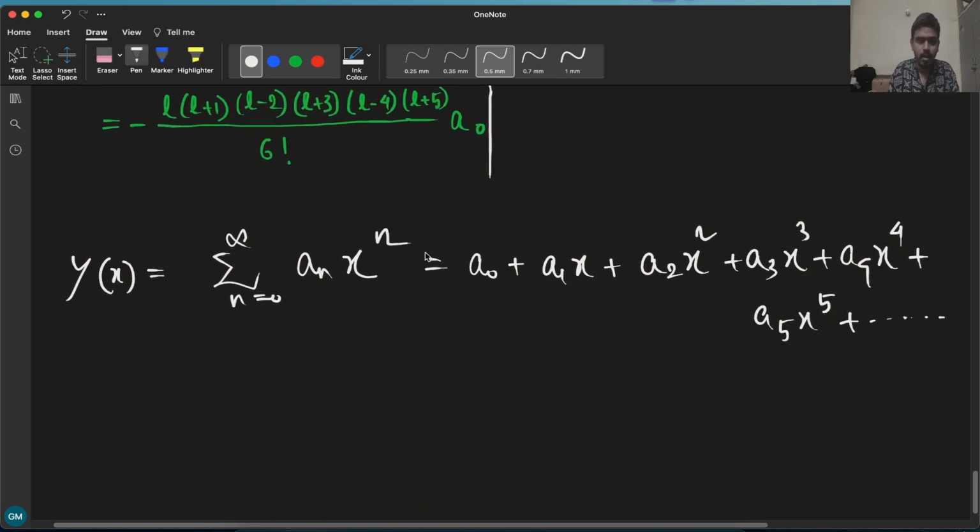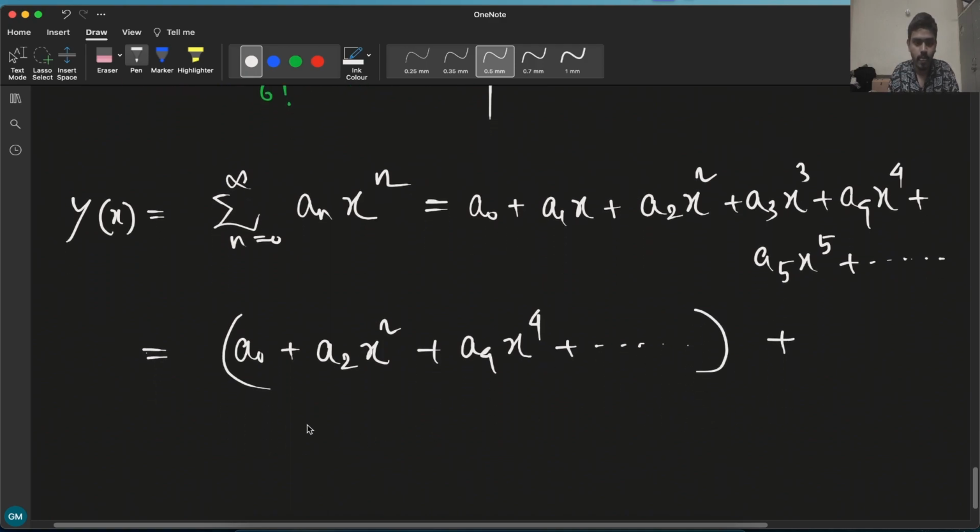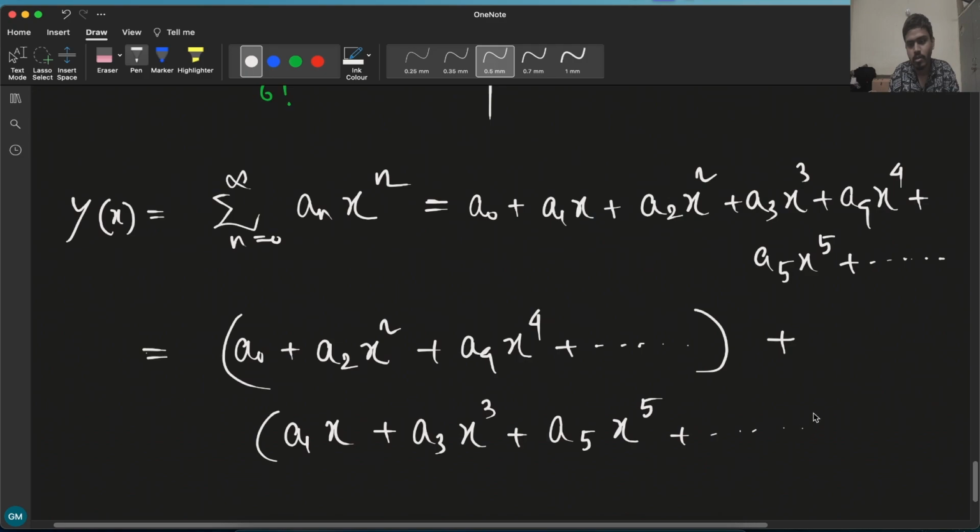We got two series, so I will write all the even indexed terms separately: a0 plus a2x square plus a4 x to the power 4 plus dot dot dot, plus a1x plus a3 x cube plus a5 x to the power 5 plus dot dot dot.